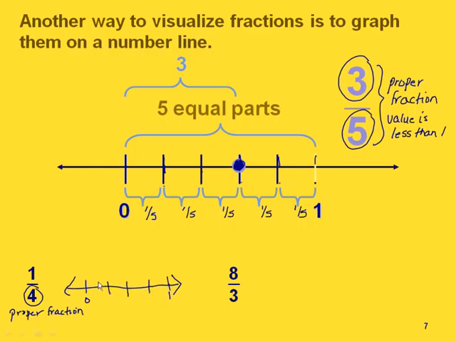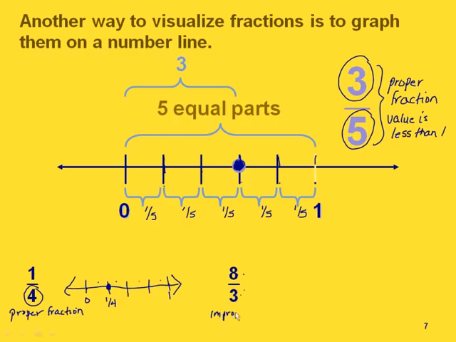So there, now we have 4 equal parts: 1, 2, 3, 4. And the number of parts that we're representing is 1. So we're going to start with 0 and count over 1. And that's going to give us the graph of our fraction. So there's the graph of 1/4.